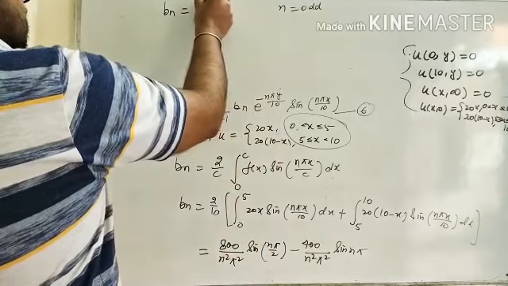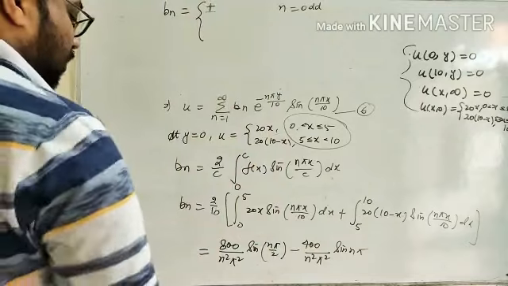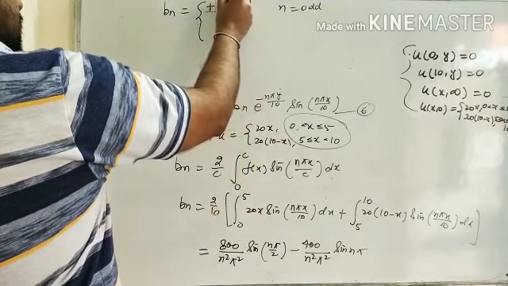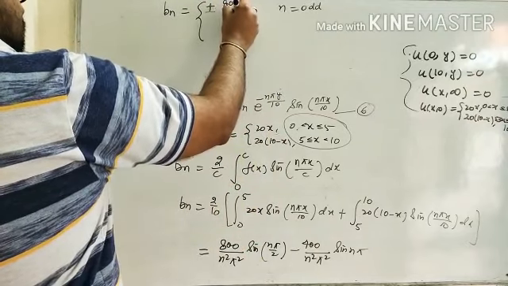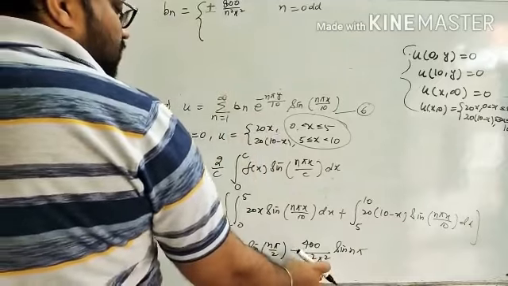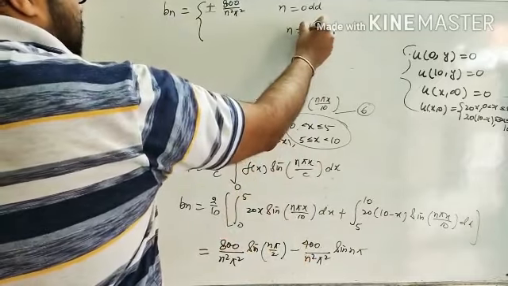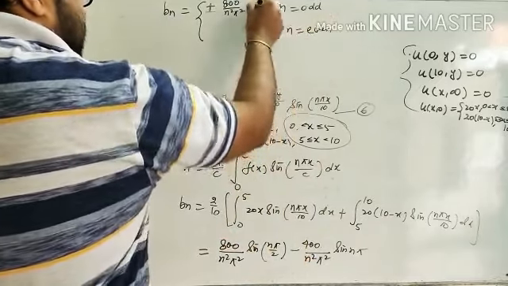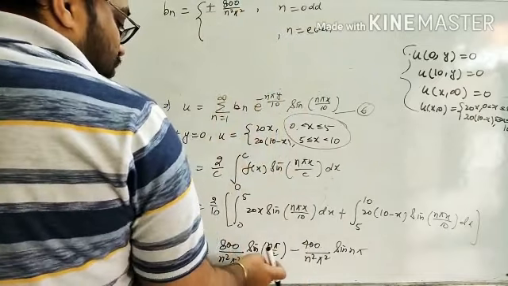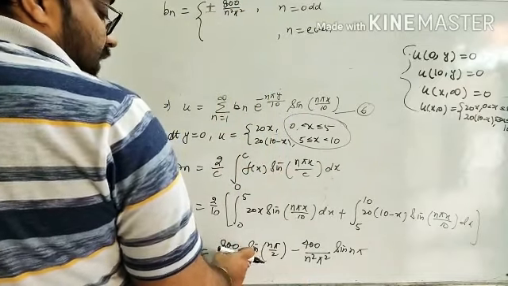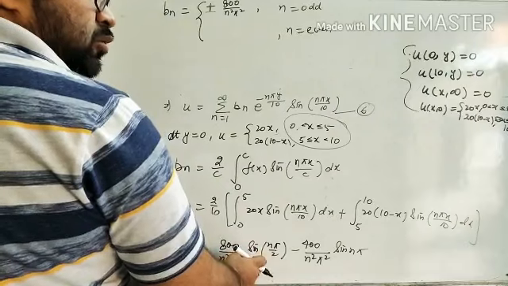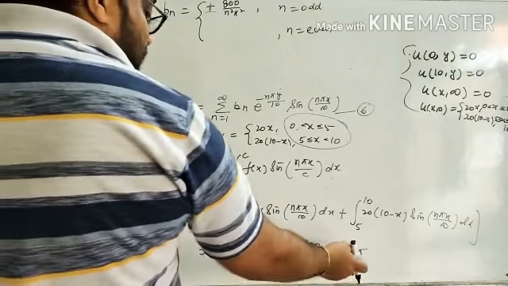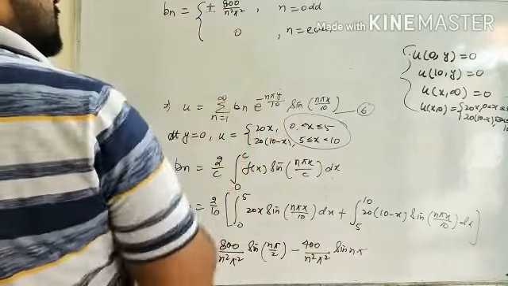So we can write the value in the form of plus minus 800 upon n square pi square, and this will be 0. And when n is even, that is 2, 4, 6, then sin n pi, that is sin pi, sin 2 pi, sin 4 pi, is also 0, and this is also equal to 0.